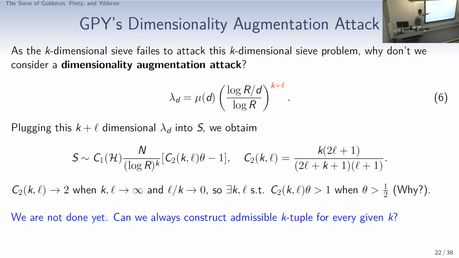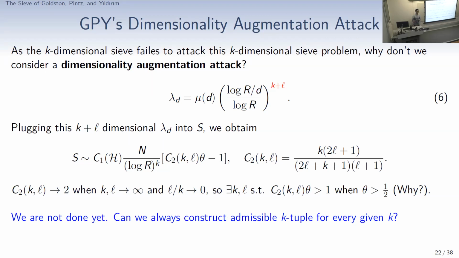This indicates that when n is sufficiently large, the left-hand side, the S term, will be positive. And this will allow us to produce bounded gaps between primes. We can choose some k, and if we can locate an integer tuple h1 to hk for this given k, then this quantity being greater than 0 will imply the existence of bounded gaps.